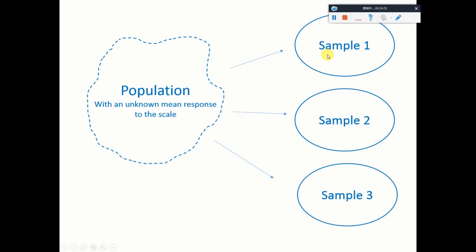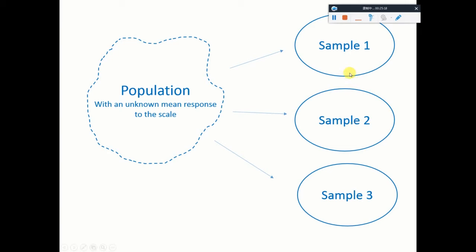Let's say each time I draw 100 people randomly from the population. So this will be your first sample of 100 people, this will be your second sample of 100 people, and this will be your third sample of 100 people. So now, calculating mean responses from 100 numbers is much easier than from hundreds of thousands of responses.